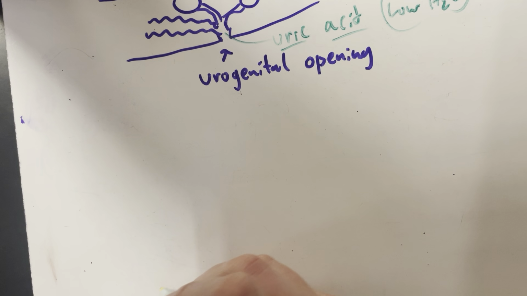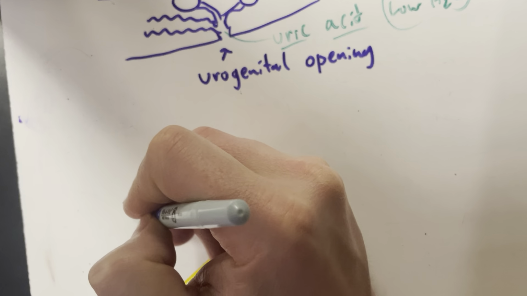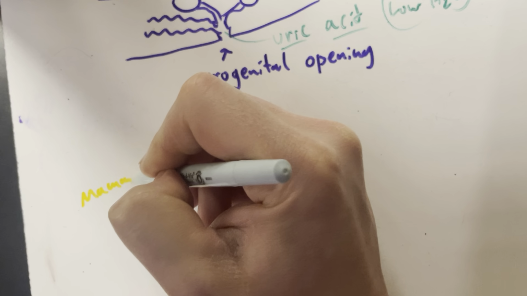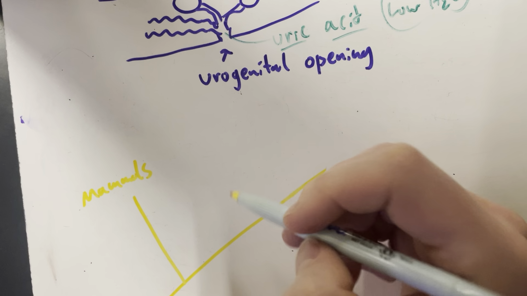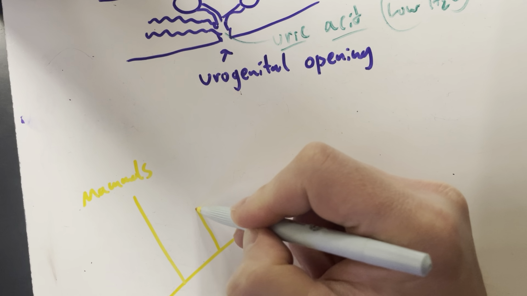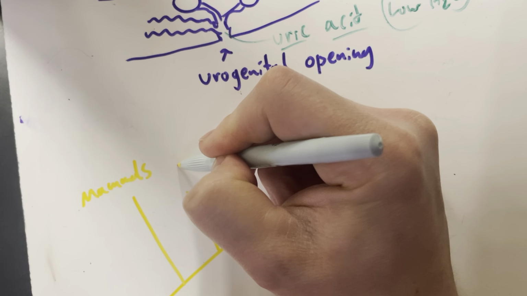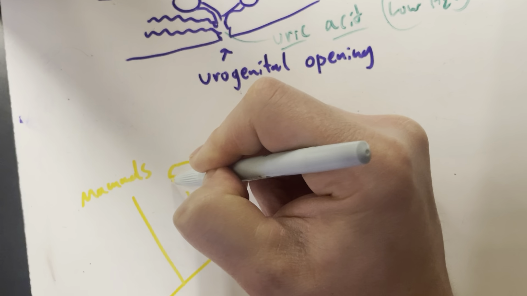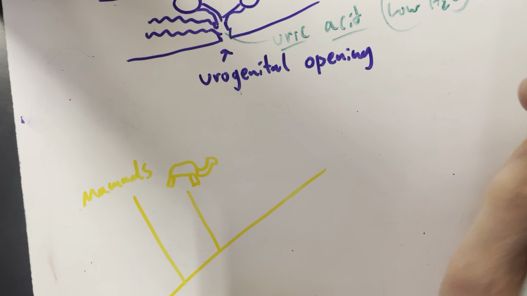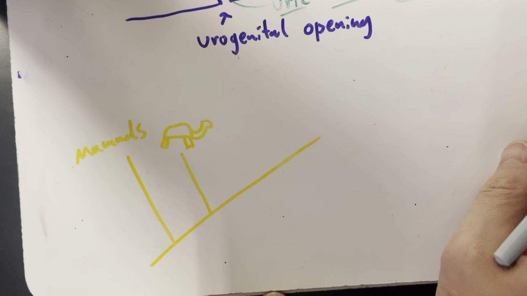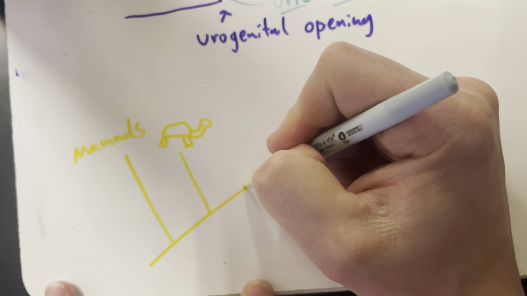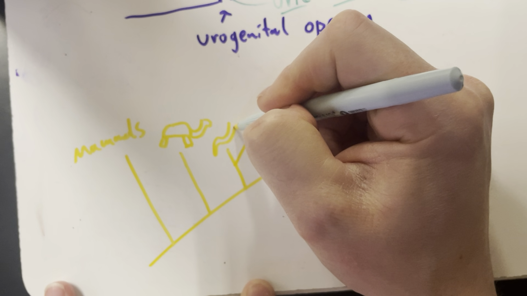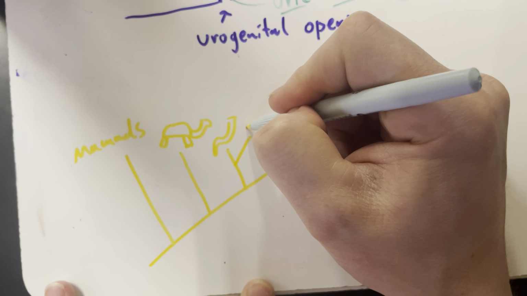Okay, finally I'm going to draw a little phylogeny. I know you guys are a little bit sick of these, but that's okay. You'll survive. We're going to have branching off over here mammals. And then we're going to have some reptiles. I drew a turtle. Right? Great. Cool. And then over on this branch and this branch, we're going to have a little snake and we'll have like a lizard.